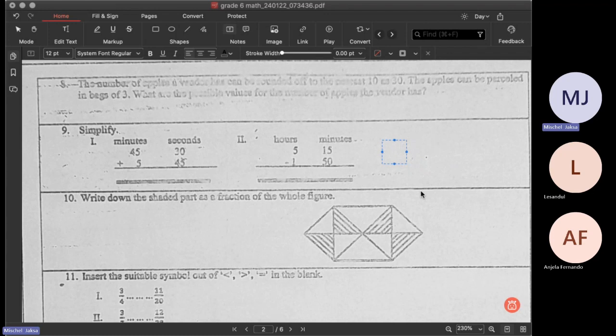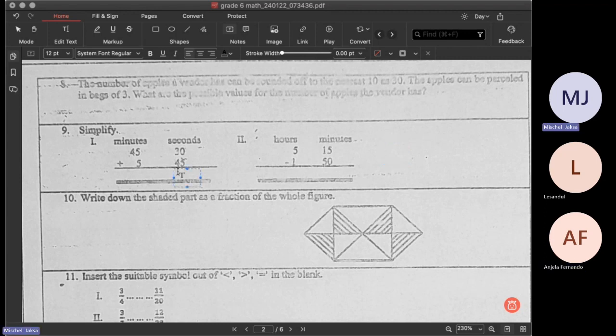We have to simplify the given. We have time. Minutes and seconds are there. 45 minutes and 30 seconds together with 5 minutes and 45 seconds. What is the answer? 30 plus 45, we get 75. Can we keep 75 here in the seconds column?